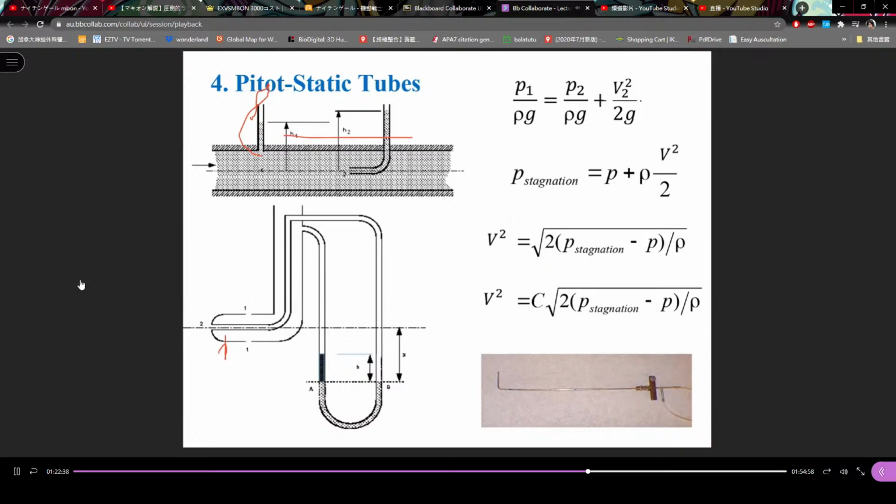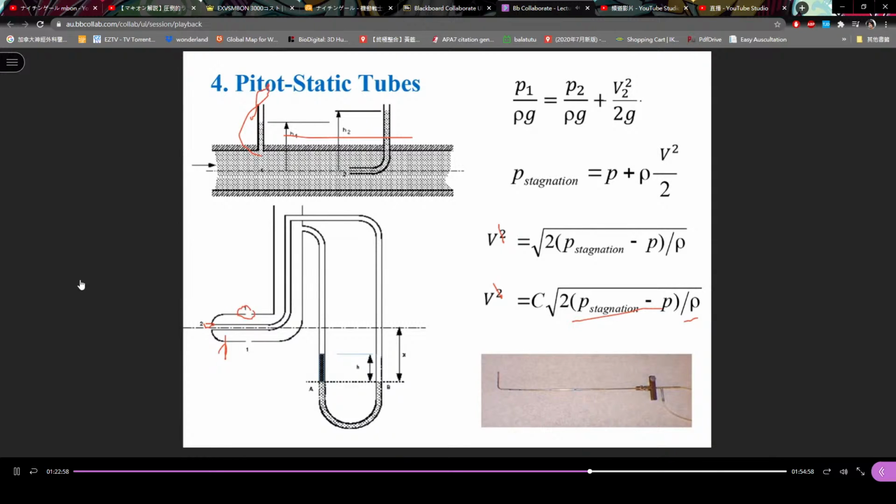Here, stagnation pressure. Here is static pressure. And if we know the difference between stagnation pressure and static pressure divided by the density, then we can find this root squared. Then we can find the velocity.